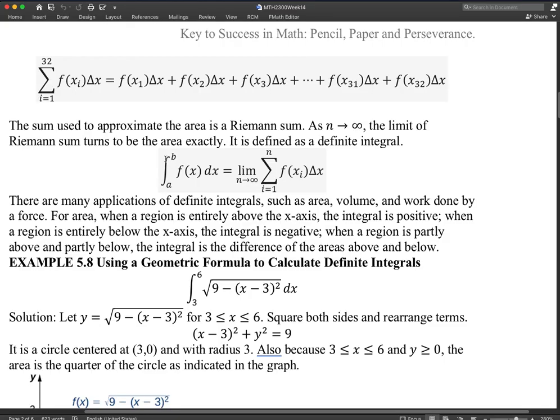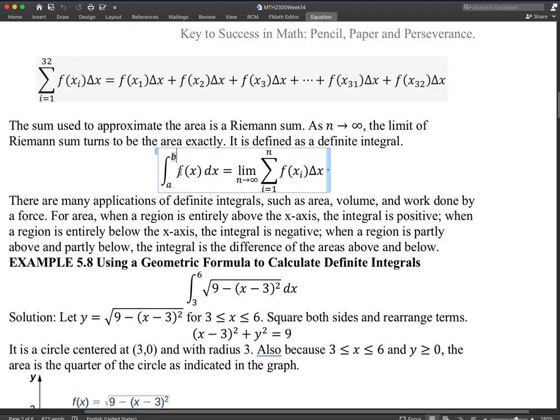So this integral notation is really an elongated S. The limit and the sigma notation indicating the infinite sum is simply replaced with this very tall S here. That's the integral sign. We are considering the area for x running from a to b. a is the lower bound, b is the upper bound for the integral.